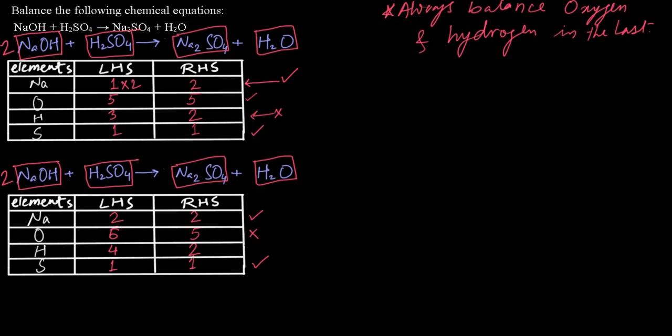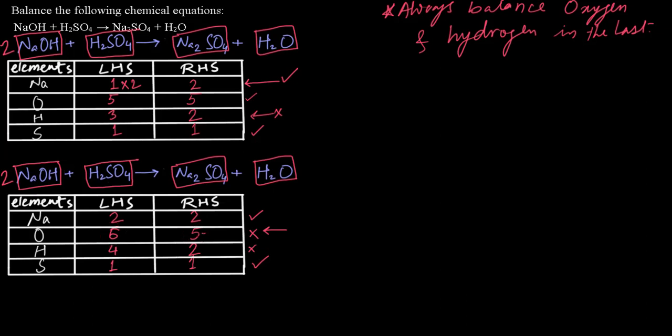Now we have hydrogen and oxygen yet to be balanced, so you can choose any one of them. Let us choose oxygen. We have 6 of oxygen on the LHS and we have 5 of oxygen on the RHS. How can we increase 1 oxygen on the right hand side?